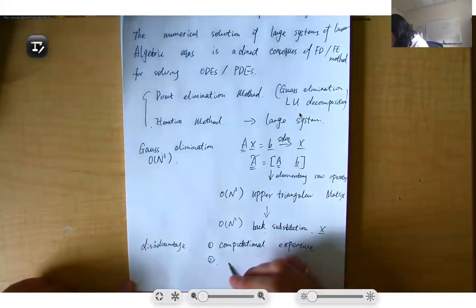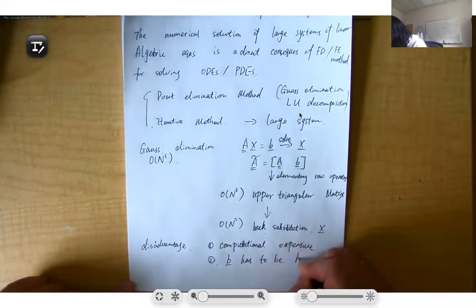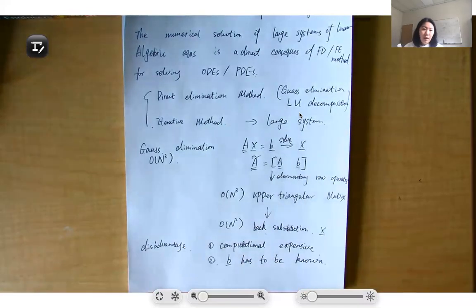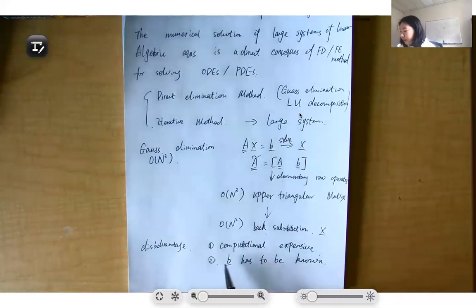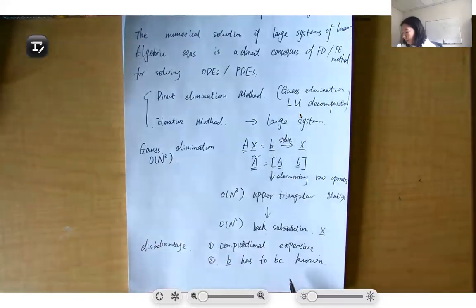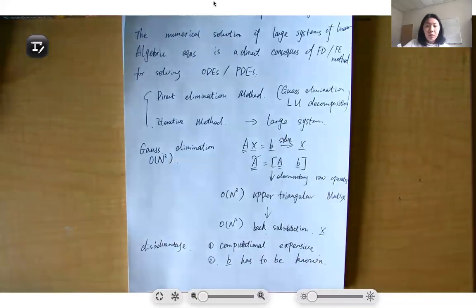So Gaussian elimination directly solves the large system of linear algebra equations. The disadvantages are that the computation is very expensive, which is n to the third, and the B part has to be known in order to solve it.